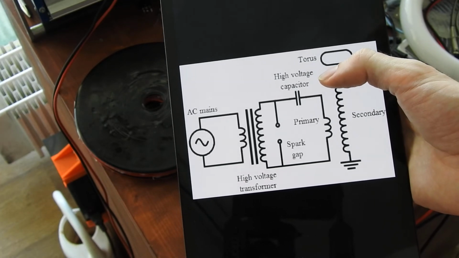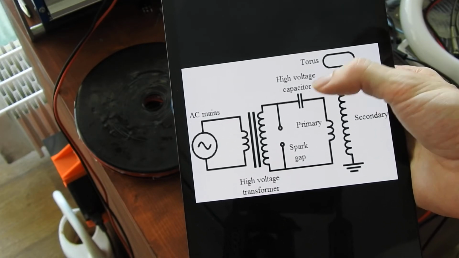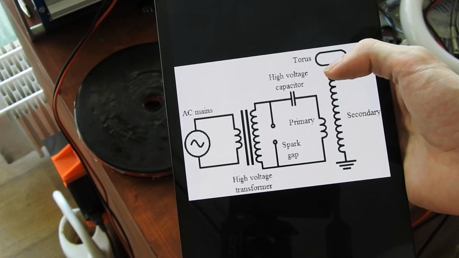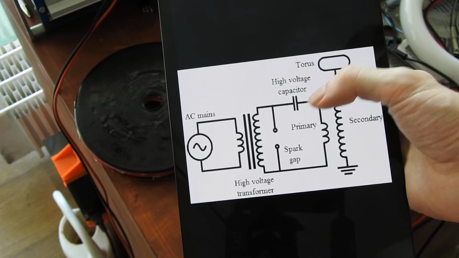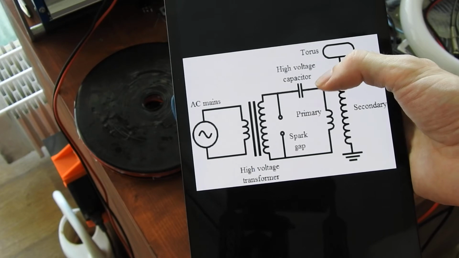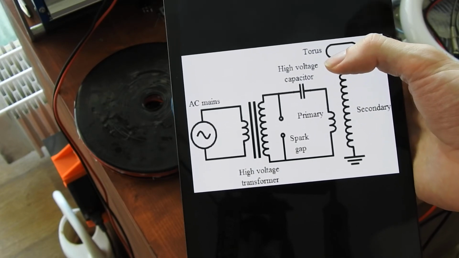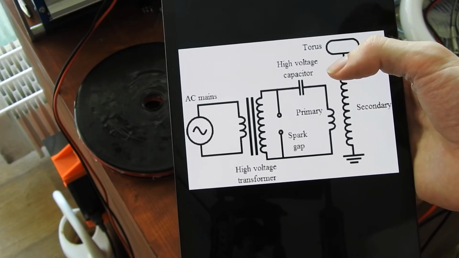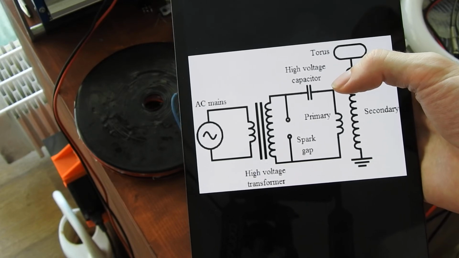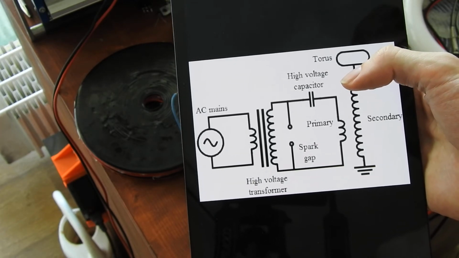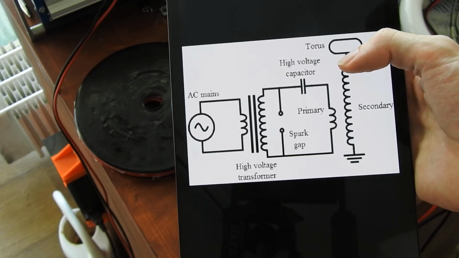So what happens is, if the voltage gets high enough, a spark will appear and discharge this capacitor. And when that happened, the voltage is 0 and it will get charged up again until the voltage is high enough again, and a spark will appear and discharge it again. And this happens multiple hundred times a second, or even more often, depending on the frequency you use.